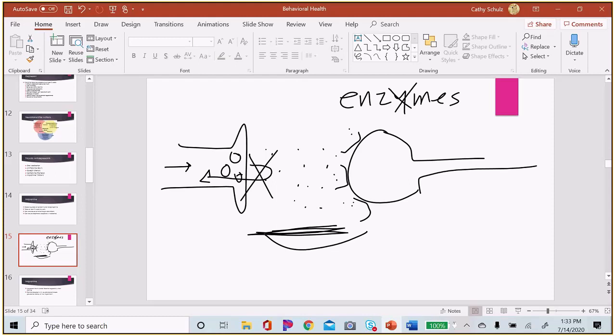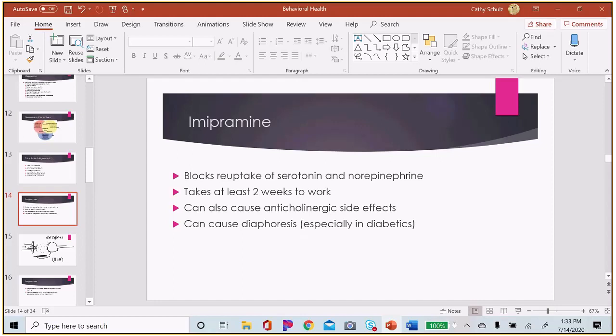It actually also affects acetylcholine in nerves as well. It wasn't meant to. It was only supposed to affect the activity of norepinephrine and serotonin, but it can also cause anticholinergic side effects because of what it does to acetylcholine too. So we meant it to increase our happiness and concentration, but then we ended up with anticholinergic side effects.